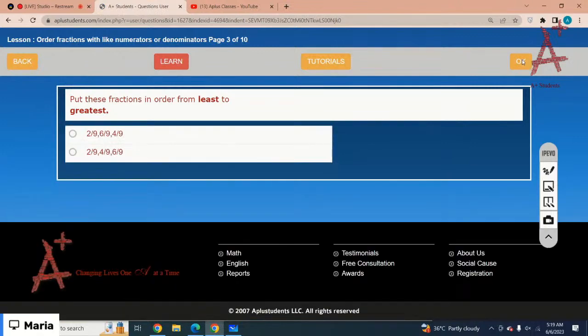Okay, put these fractions in order from least to greatest. So which is the correct option, 1 or 2? Please write the answer only once. So which is the correct option?